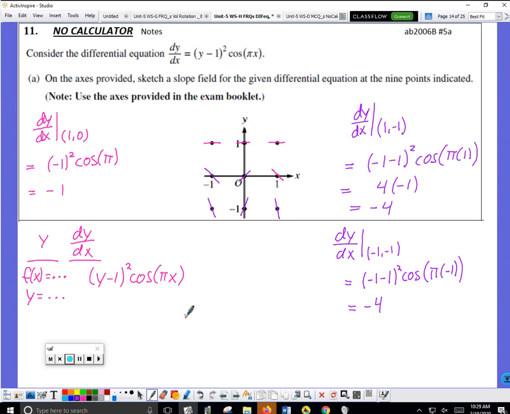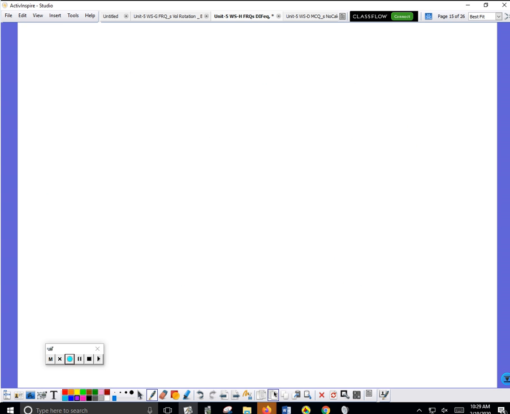So here's the cosine thing. What it says is negative pi. An angle of pi is right here. An angle of negative pi means you rotate this way, same place.